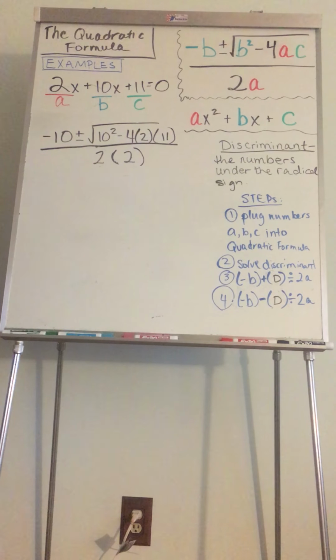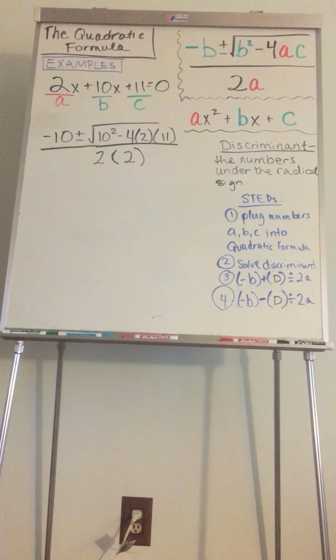What that means is that I have to create a problem that is negative 10 plus this over 2 times 2 and negative 10 minus this over 2 times 2, because those are our 2 roots. Those are the 2 places where the parabola crosses the x-axis. Okay? So we can go ahead and solve this.